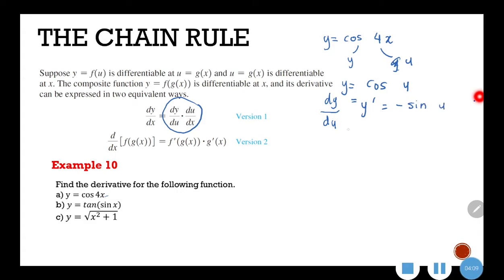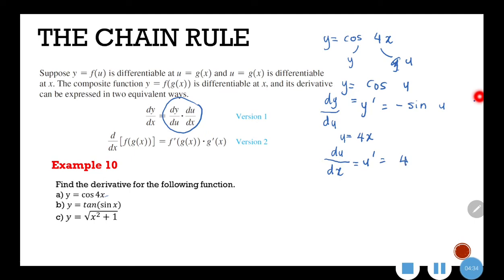Okay, now we're going to differentiate the second part, which is 4x. u equal to 4x, and then differentiate against dx. du/dx, or u prime, is 4.